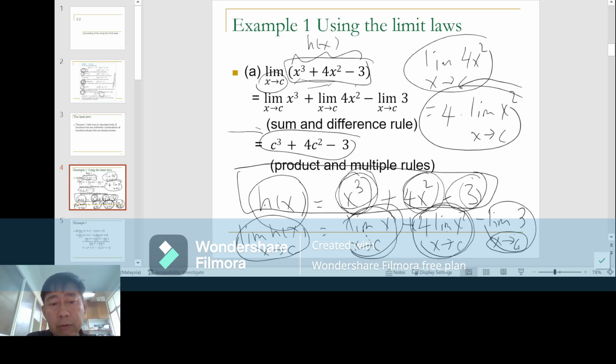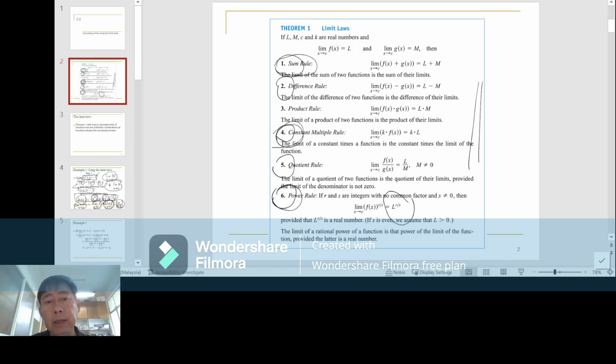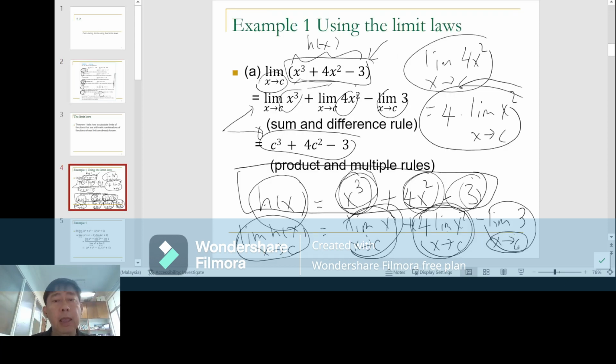However, my purpose is to demonstrate to you that every single line in my calculation, from here to here, and from here to breaking into 3 parts, is not carried out arbitrarily. Every single step that I have done so far is based on theorem 1, which is the limit law. Right, so the calculation written down step by step here is done based on rules that are allowed by mathematics.